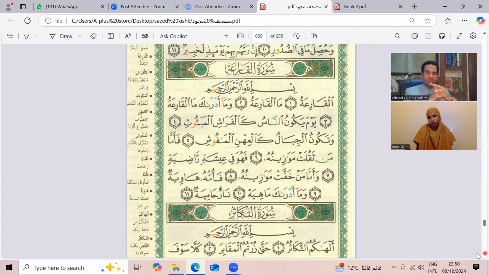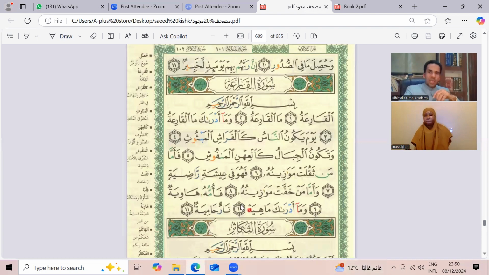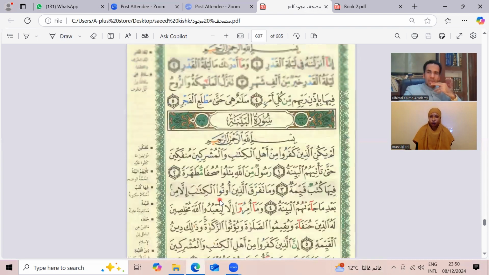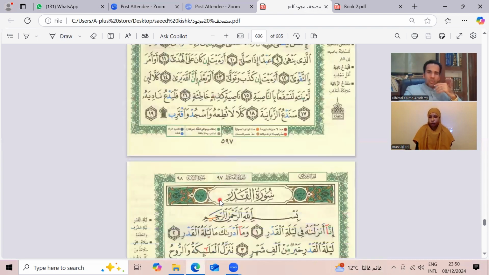If the good deeds are heavier than the bad deeds, then they'll go to Jannah. If the bad deeds are heavier than the good deeds, then they'll go to Jahannam. Allah says, Narun Hamiyah. What does Nar mean? Nar means hellfire. Next time, inshallah, you will revise up to Surah Al-Qadr, right?